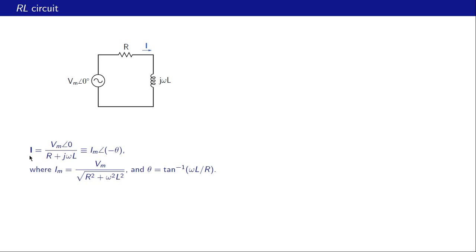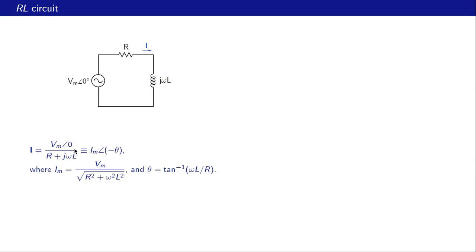We can write this phasor current as Im angle minus theta, where Im is the magnitude of this expression, and that is simply Vm divided by the magnitude of the denominator, which is square root R squared plus omega squared L squared. The angle of the denominator is tan inverse of omega L by R, and the angle of the numerator is 0.